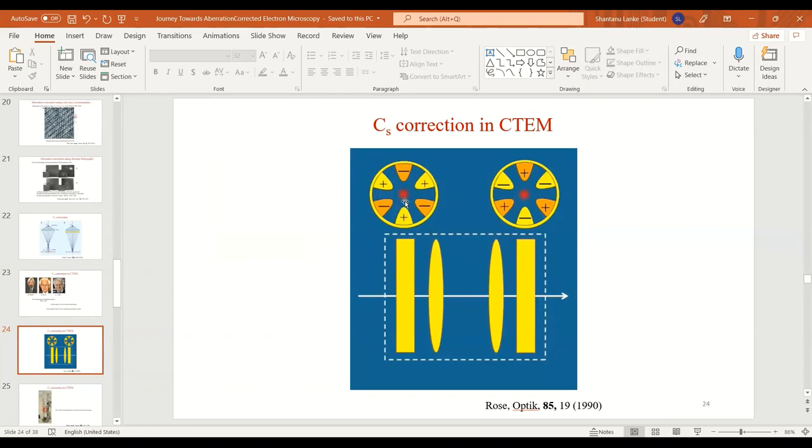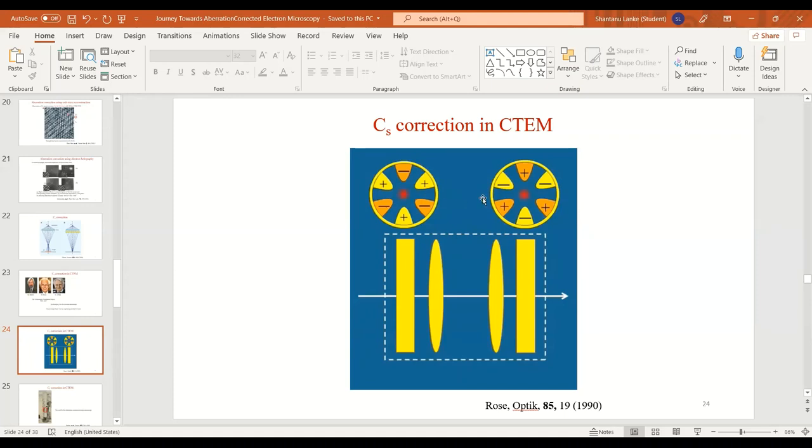When your circular beam passes through this hexapole, you get a triangular beam. That's what I was trying to tell you, that we are introducing extra aberrations. Here we have introduced three-fold astigmatism. So how do we correct that?